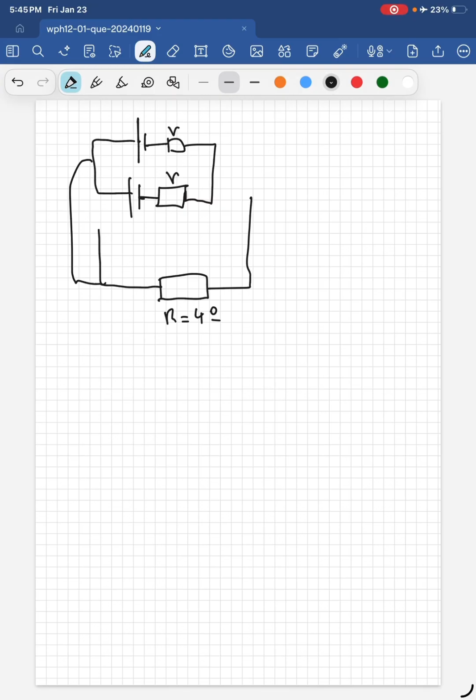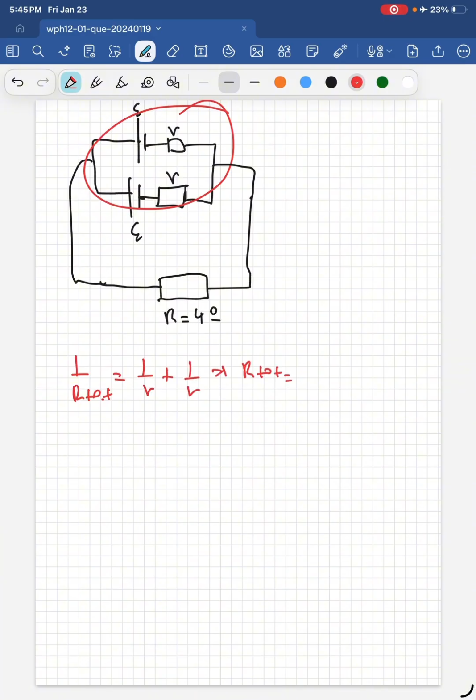Okay, so this is the amp, this is the internal resistance. I need to connect it over here. So for this part of the circuit, we have 1 over R total is 1 over R plus 1 over R. So R total is equal to the internal resistance over 2, or 0.4 ohms.